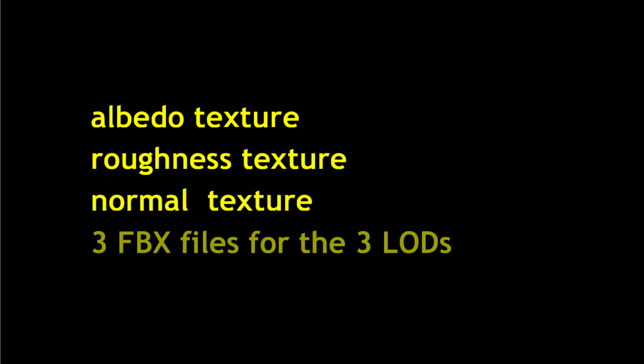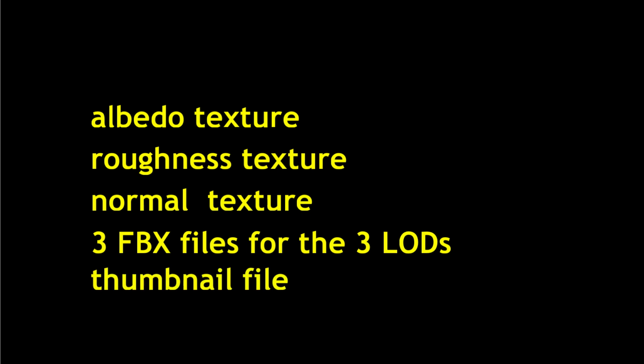Now that we have all of the files for a Trainz asset, the albedo texture file, the roughness texture file, the normal texture file, the 3 FBX files for the 3 LOD levels, and the thumbnail file, we are ready to assemble the Trainz asset.